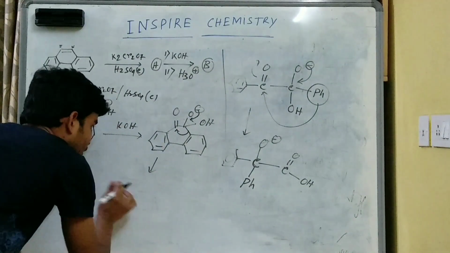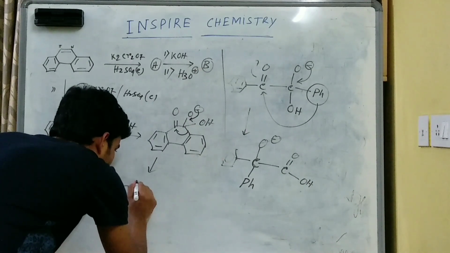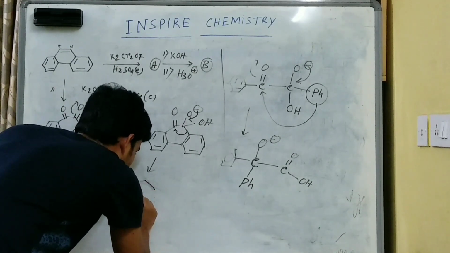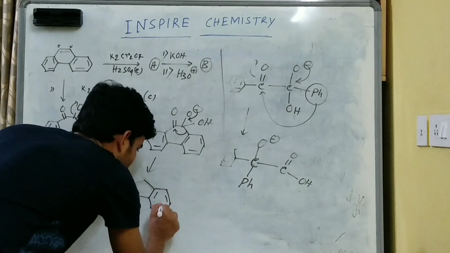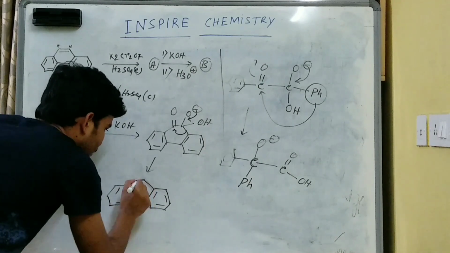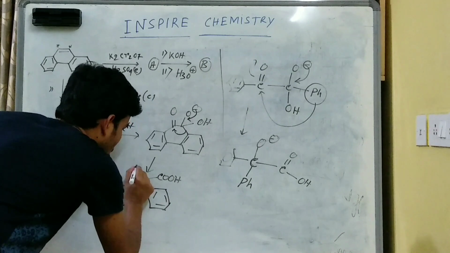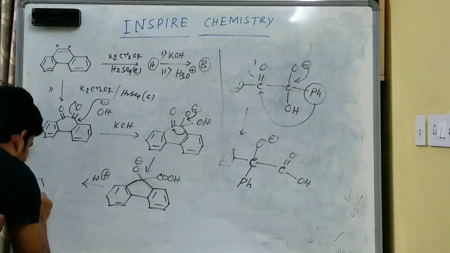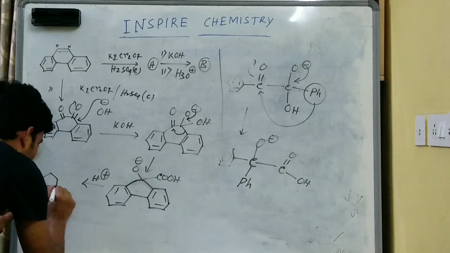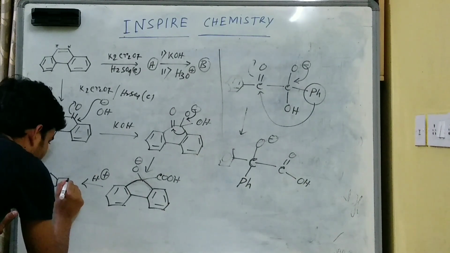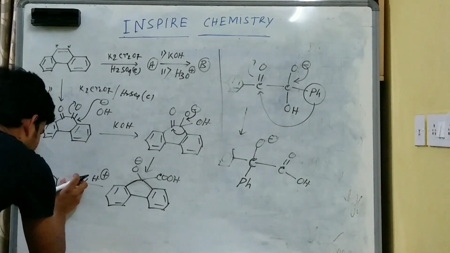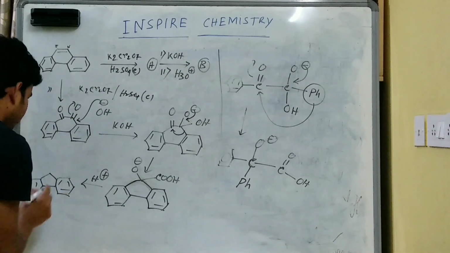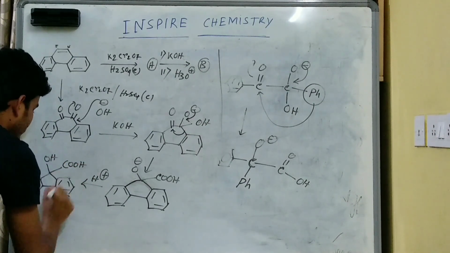What will form? COOH and O negative. After that we use H plus or H3O plus here, so it will form this. This will be the product.